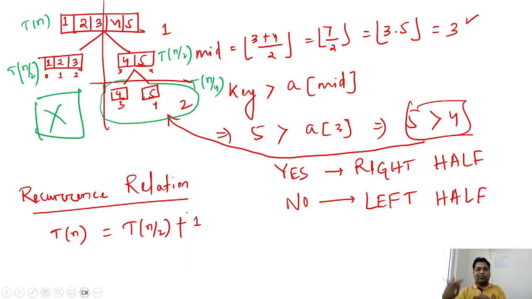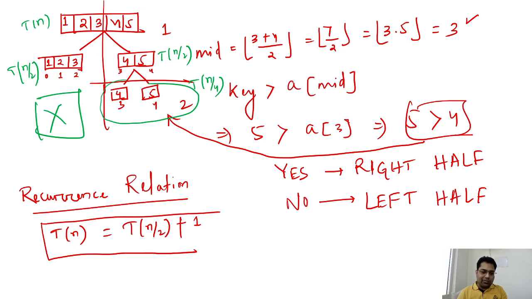Definitely we are running an if condition, so for the if condition it is 1. So this is the recurrence relation for binary search. Whenever you hear the term binary search, this is how it works.